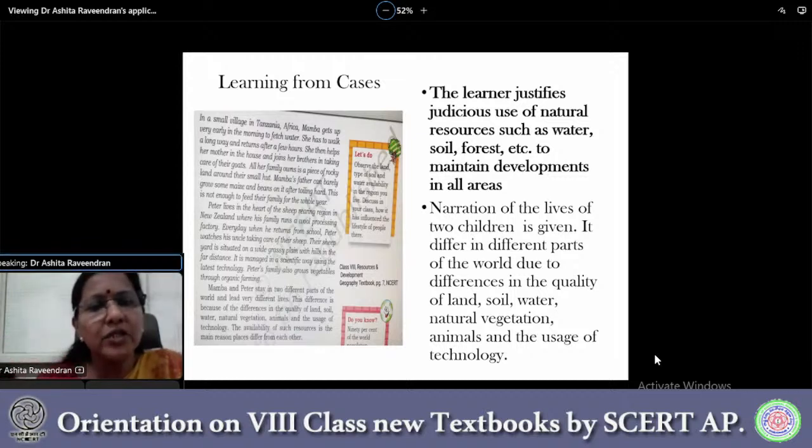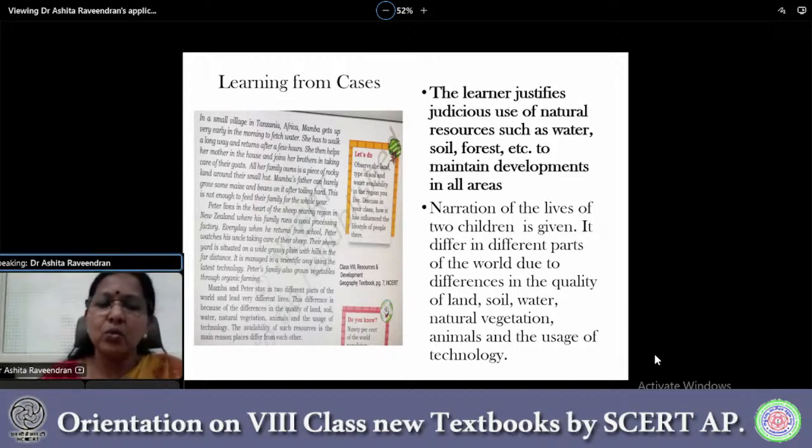In one village, the person lives in an agriculture-based society with a rural setup, where goats are being cultivated and the family is being fed. Another case is from New Zealand, which refers to how they use sheep and run an industry with the latest technology, and also organic farming of vegetables.